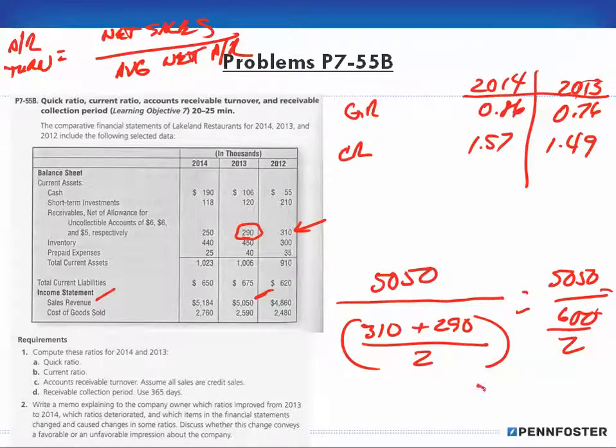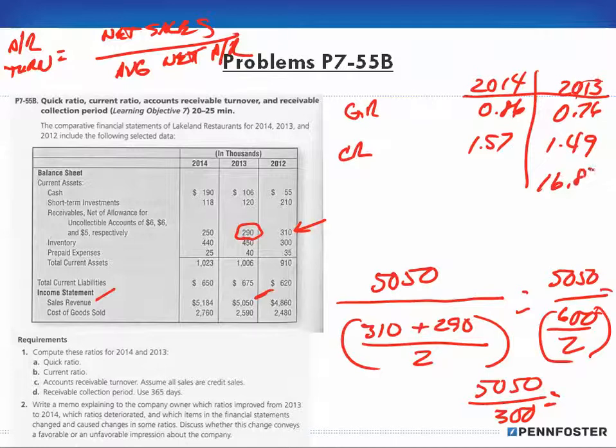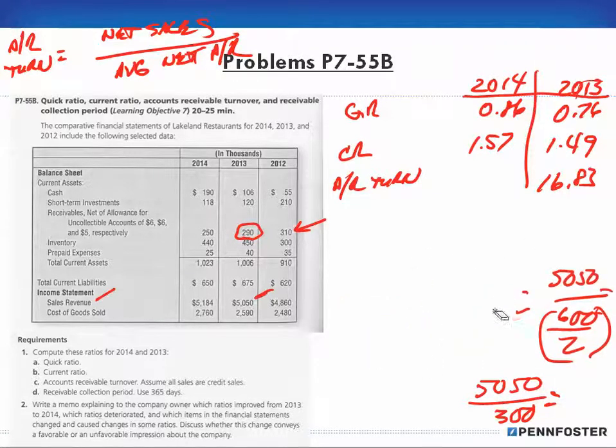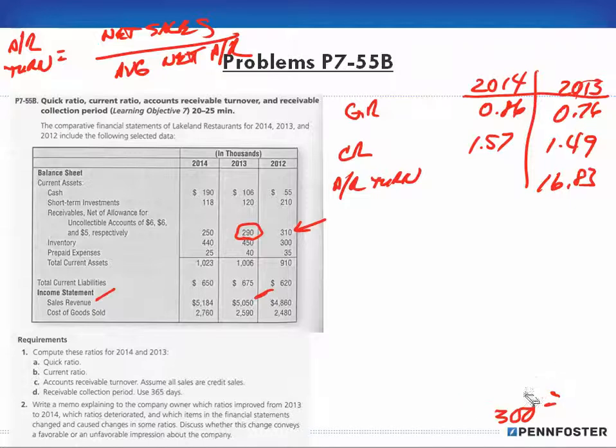So I have 5,050 divided by 600 divided by 2 is 300. And that gives me 16.83 for the accounts receivable turnover for 2013. Okay. All right. So for 2014, we're going to do the same thing.